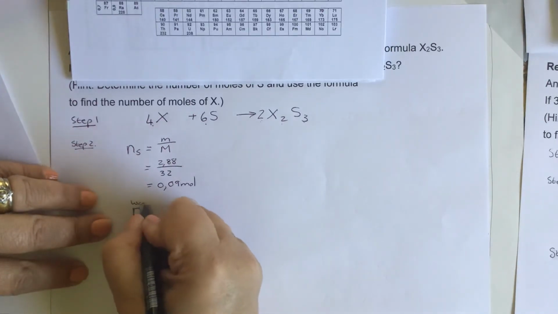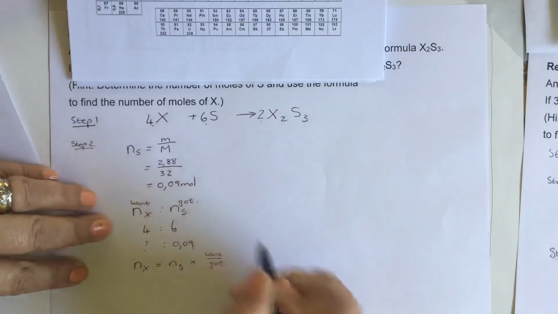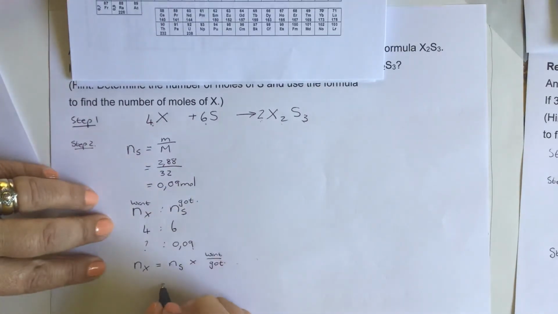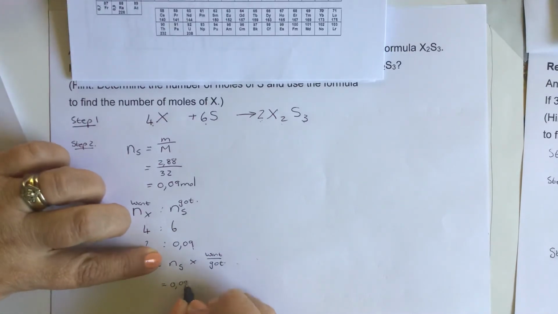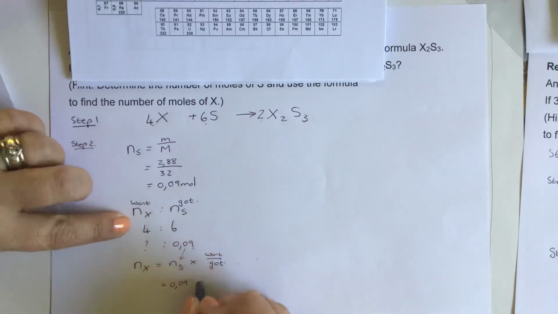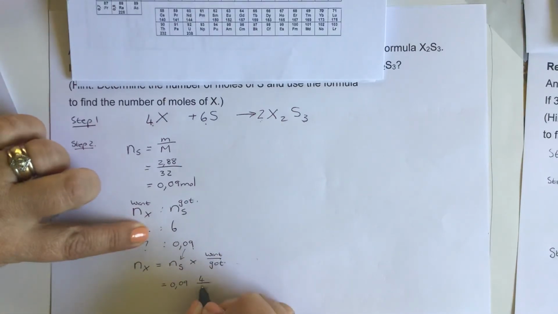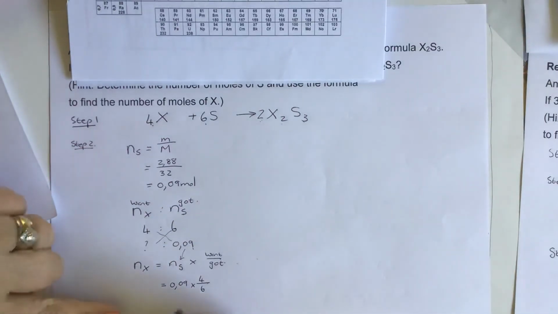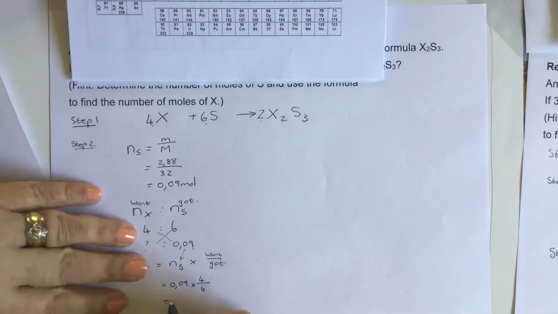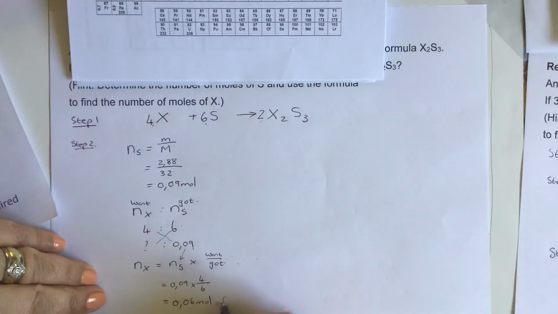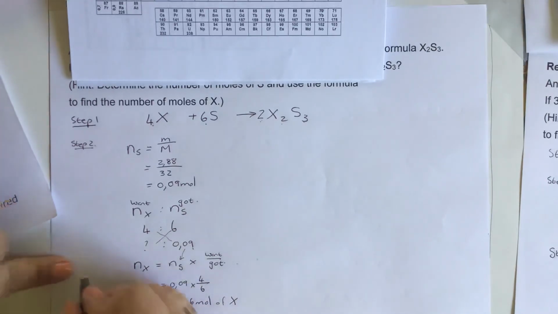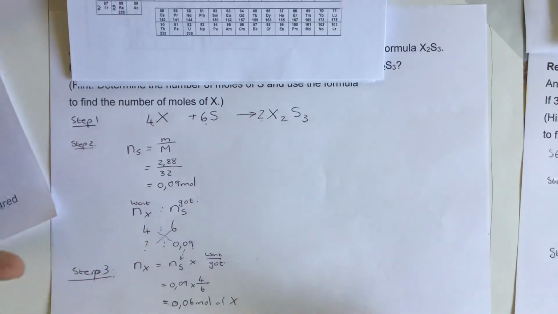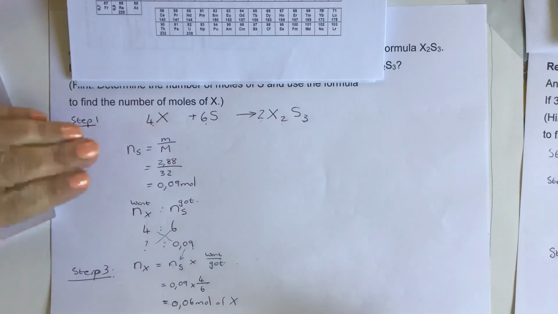I want my X and I got my S. So I'm going to put 0,09 because that's what I know from there. My want is 4 and my got is 6. You can also see that it works like that. Working that out, I've already done that, gives me 0,06 mole of X. So this is step 3, that I've now worked out how many moles I have of X.